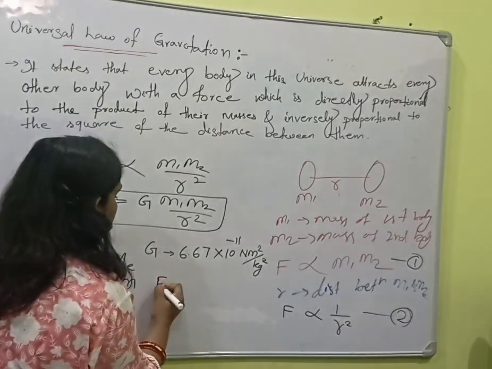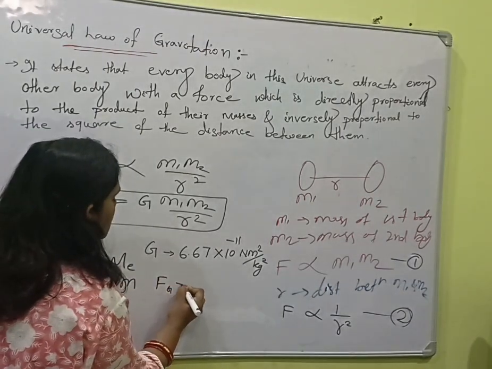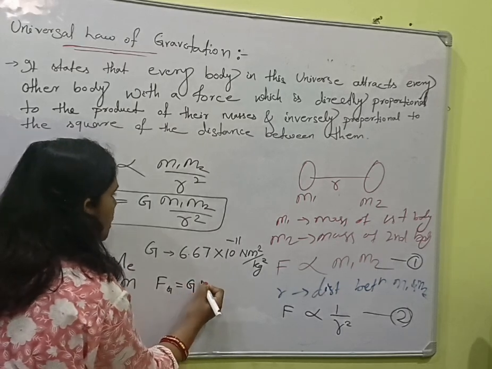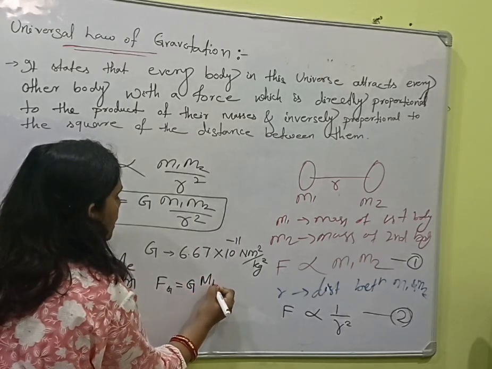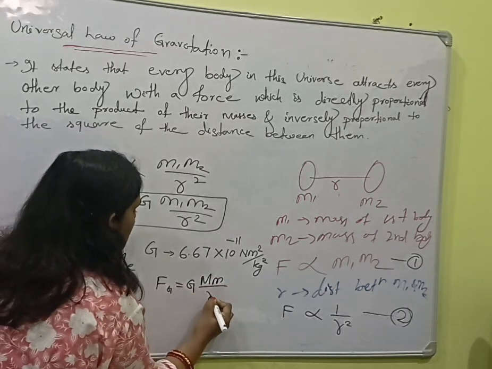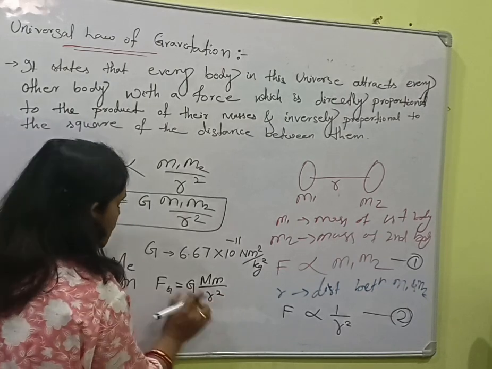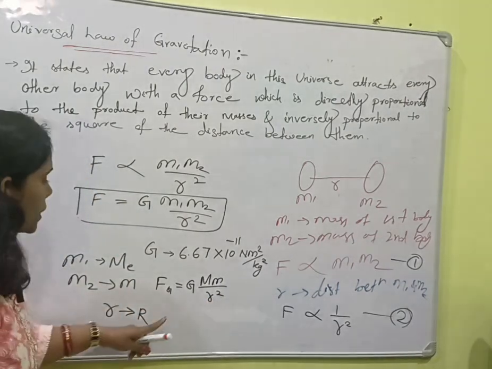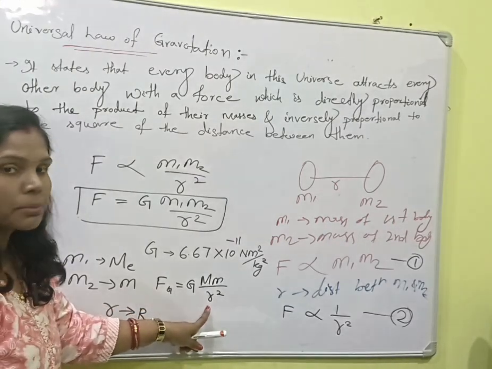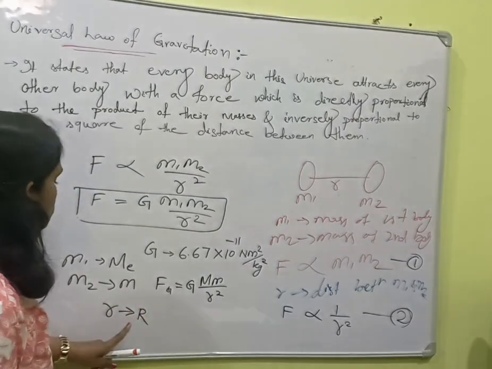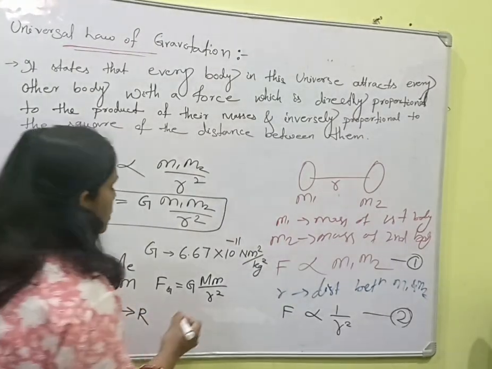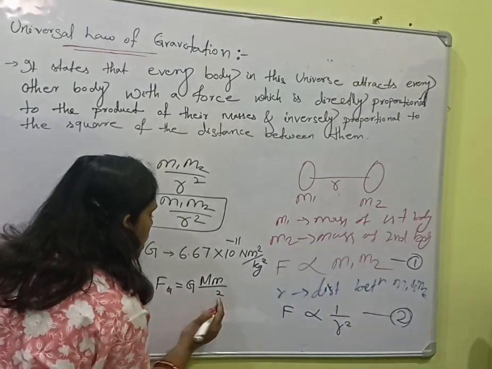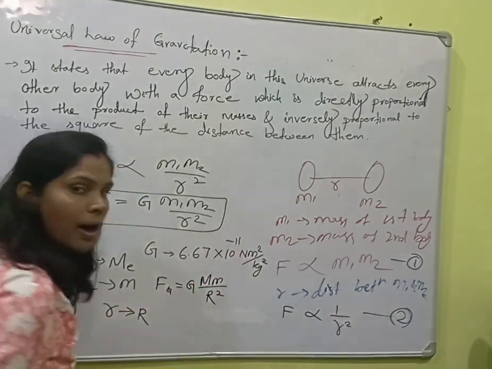Now we can write the force of gravitation as G into capital M small m by r square. If the object is on the surface of the earth, then r equals capital R, the radius of the earth, so we write R square.